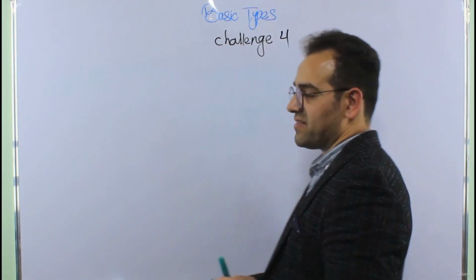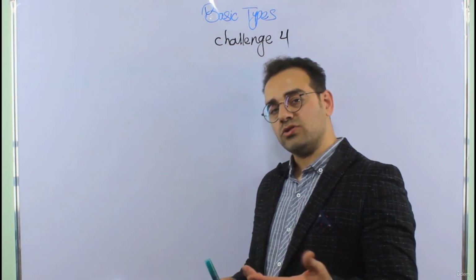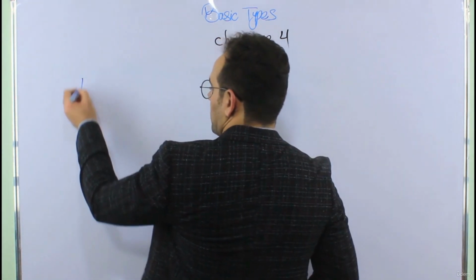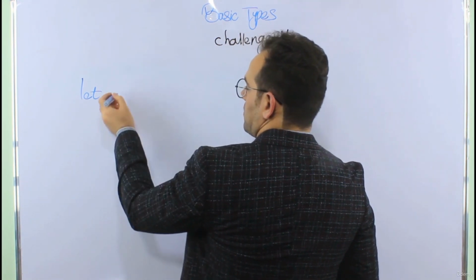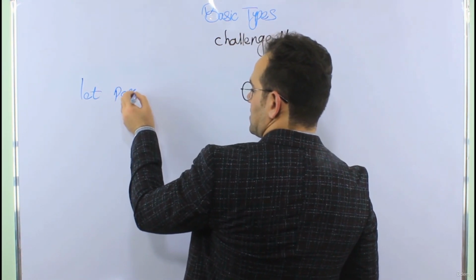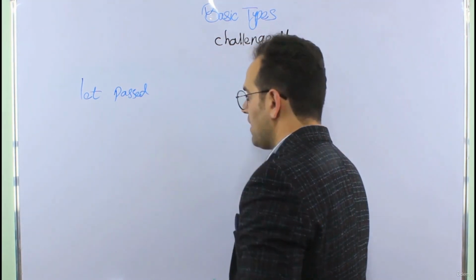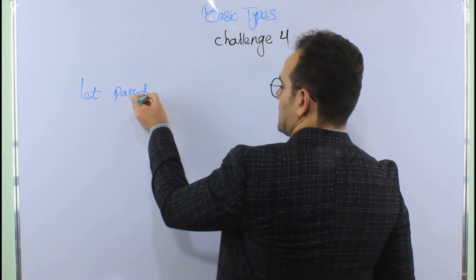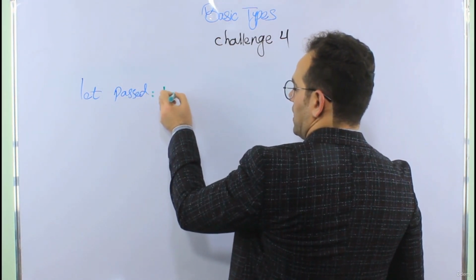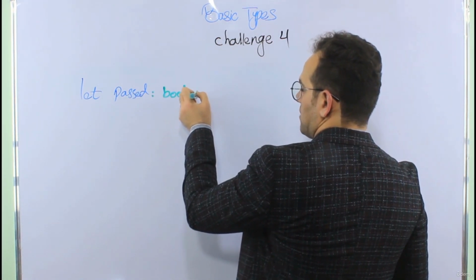First off, we need to specify what kind of keyword we're going to use to create this variable. I'm going to use the let keyword. The name of this variable, or the identifier, is going to be passed. Now, we need to type annotate it to type Boolean. That is what the challenge requires. So it is of type Boolean.